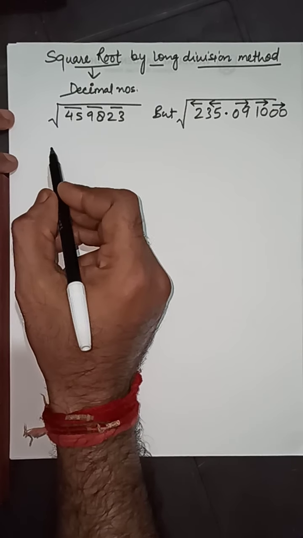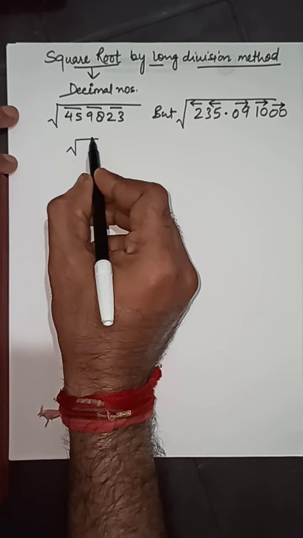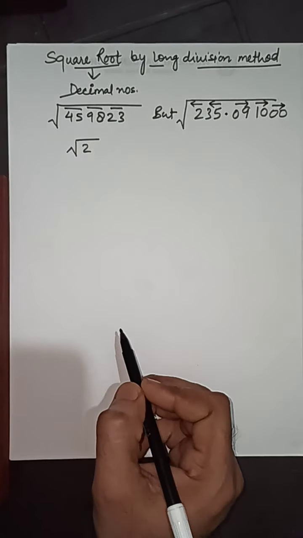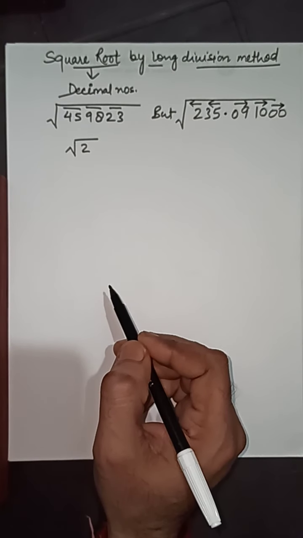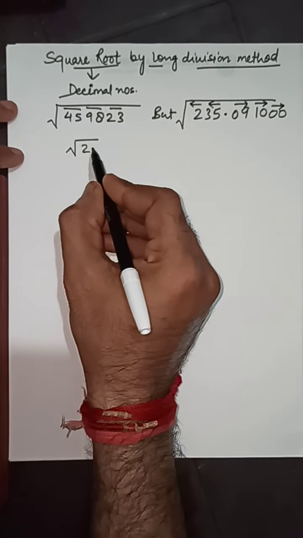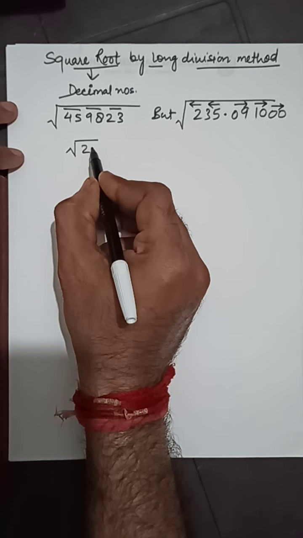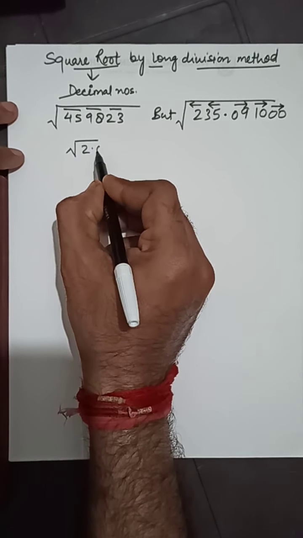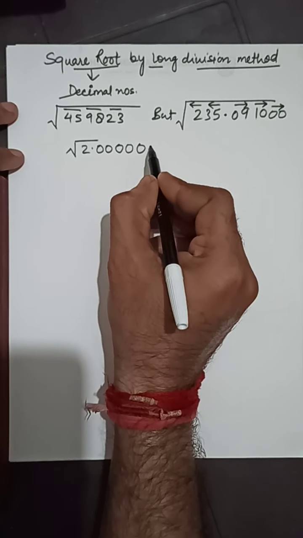We can take some more examples. Suppose the square root of 2 is asked. We don't know how to find the square root of 2 directly, so in this condition we use a decimal and increase the number of zeros according to our need.